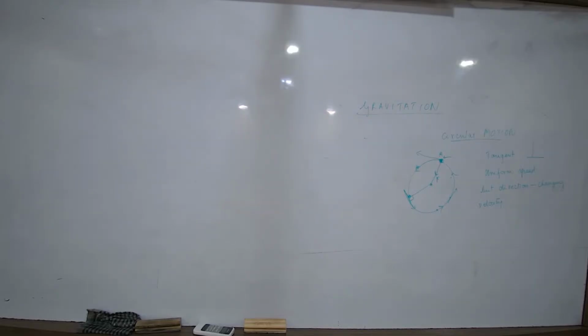Okay, in bracket use this word tangent. You can express it in your own words. It is tangential to the path. Also that way. Okay. Next point you should write.